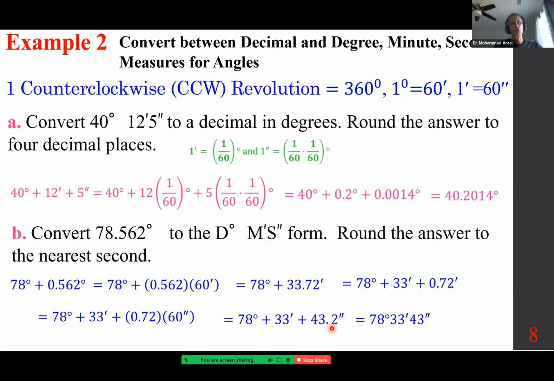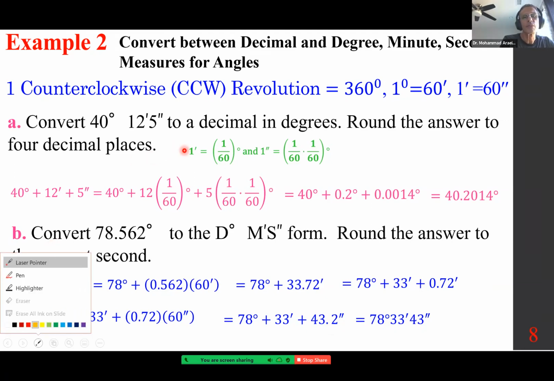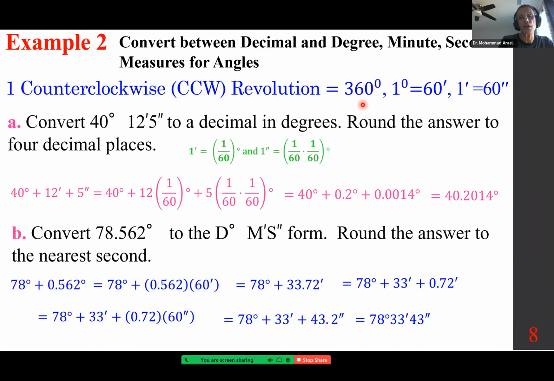So, in short, and to recap, a whole revolution is 360 degrees or 2 pi radians. 1 degree is 60 minutes. 1 minute is 60 seconds.